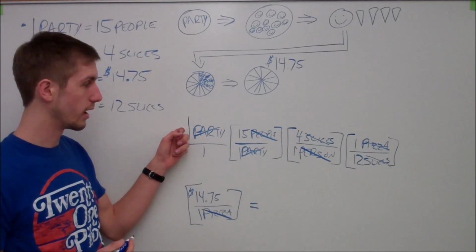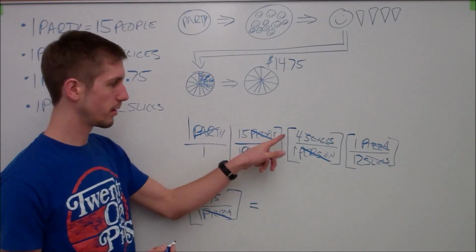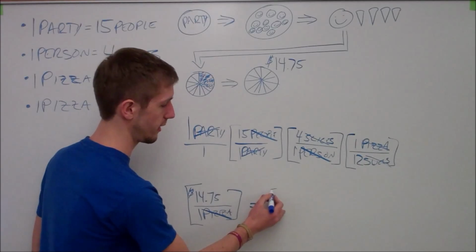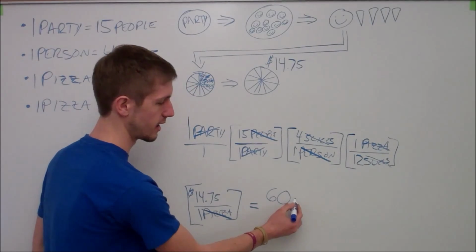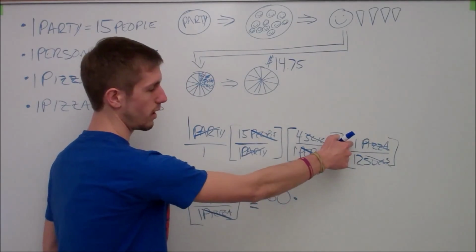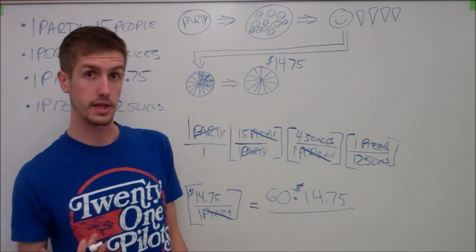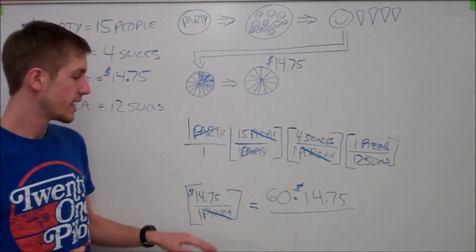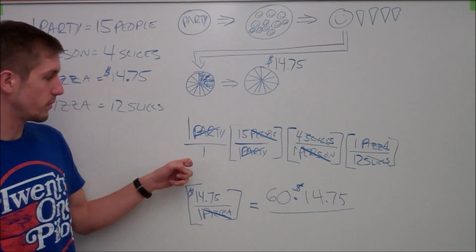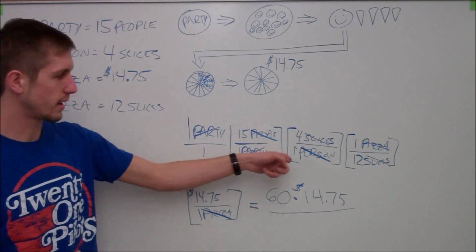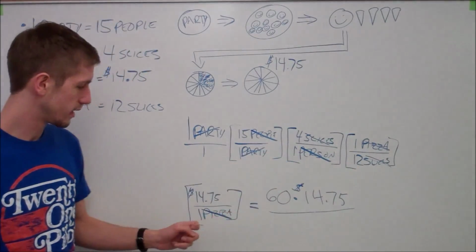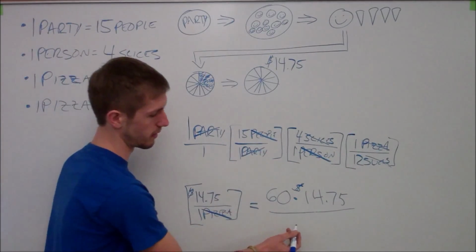So I'm going to take 1, multiply it by 15, multiply it by 4, so that's going to give me 60. Then I'm going to multiply that by 1, multiply that by 14.75. And the 14.75 is in terms of dollars. Then I multiply everything on bottom, which is 1 times 1 times 1 times 12 times 1. So I'll have 12.